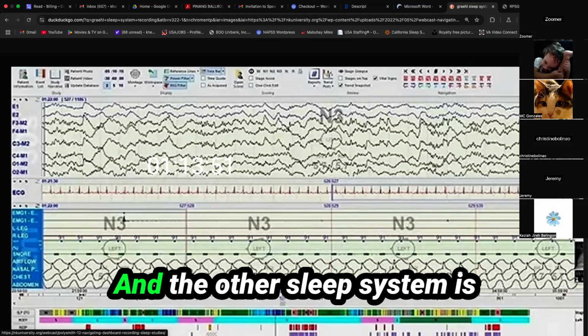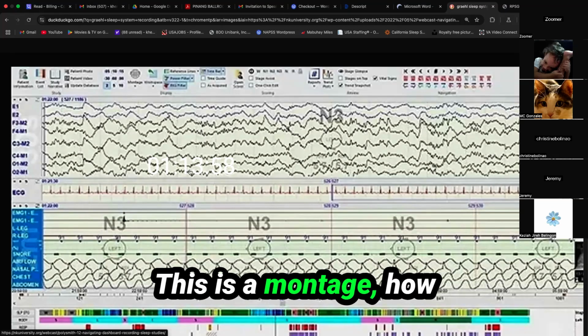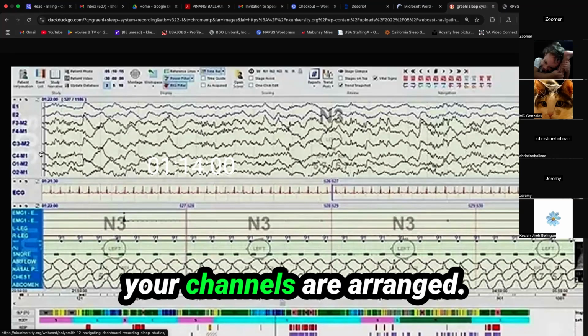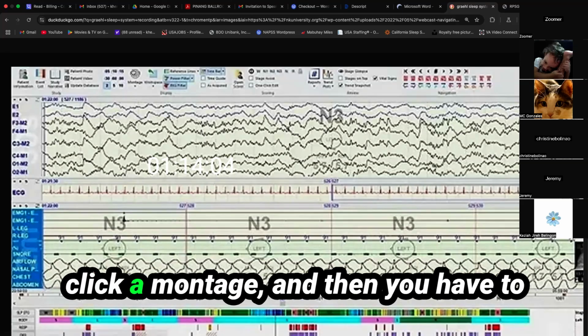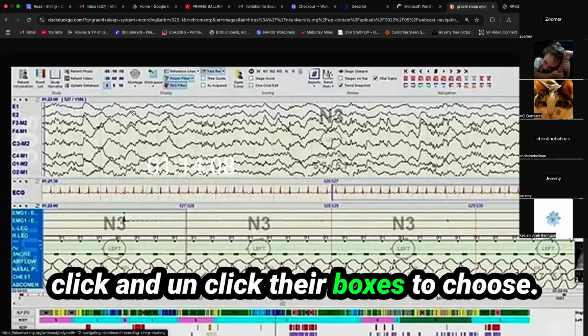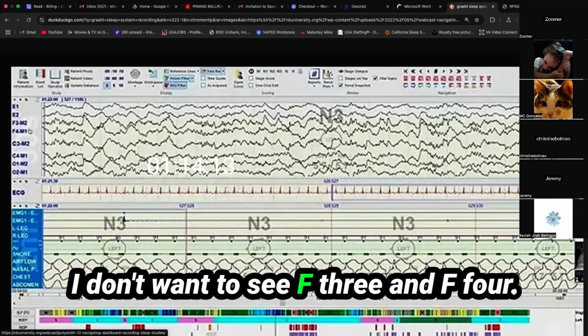Okay. And in the other sleep systems, you go to the montage, like this is a montage, right? This is a montage, how your channels are arranged. In some sleep systems, you have to click a montage and then click and unclick. There are boxes to choose. If I don't want to see this, I don't want to see F3 and F4.